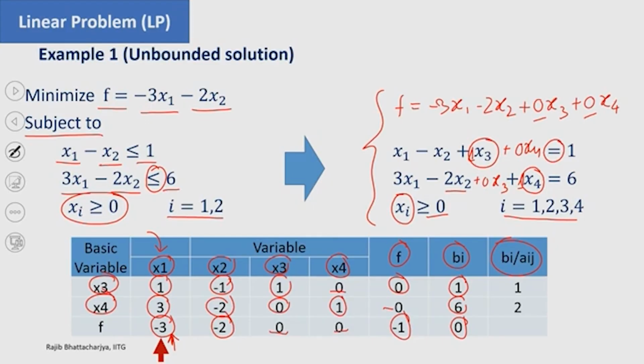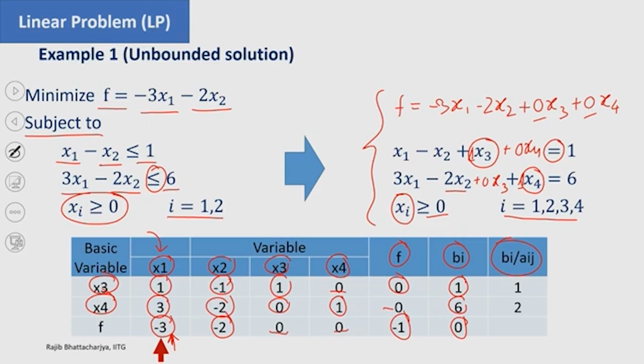So x1 will be taking the place of either x3 or x4. Now we have to decide whether it will replace x3 or x4. What we will do is calculate the bi by aij ratio.